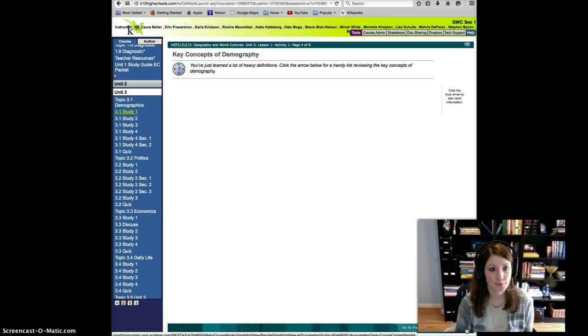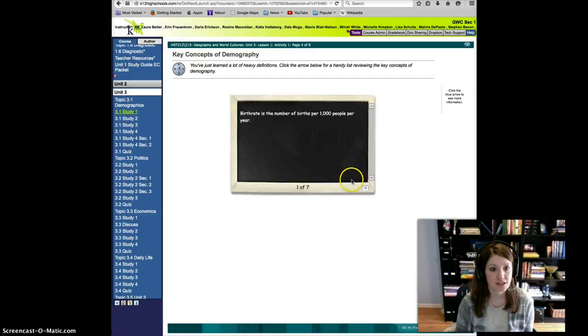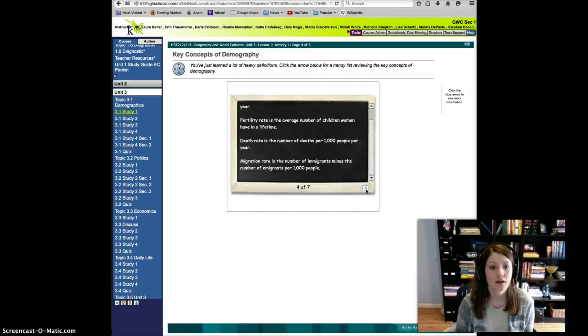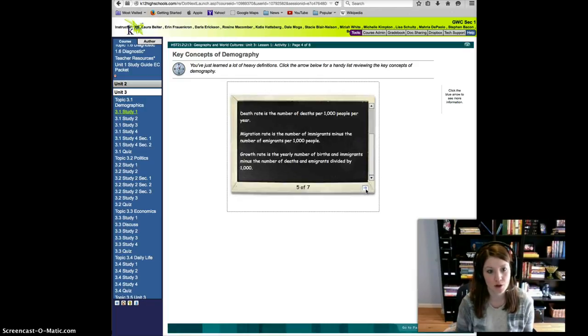Page 4. The key concepts of demography. Birth rate is the number of births per 1,000 people per year. Fertility rate is the average number of children women have in a lifetime. Death rate is the number of deaths per 1,000 people per year. Migration rate is the number of immigrants minus the number of emigrants per 1,000 people.